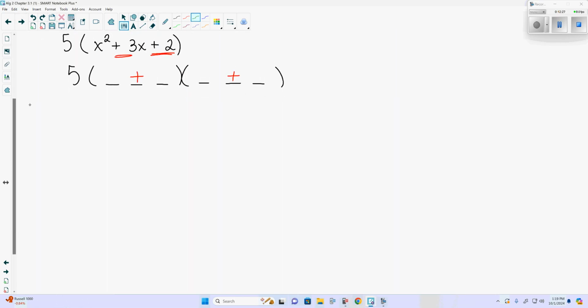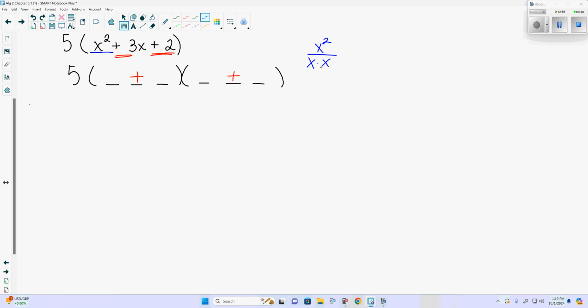So let's look at this here. So our first term for this problem is what? X squared. Well, what are our factors for x squared? What multiplies together to be x squared? X times x.